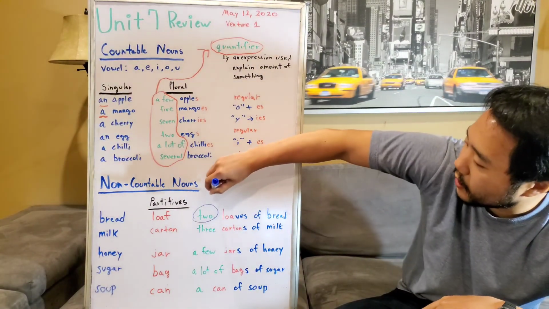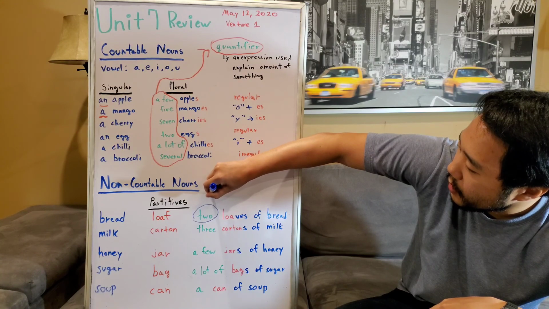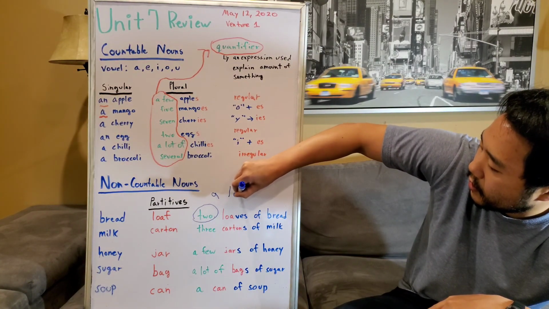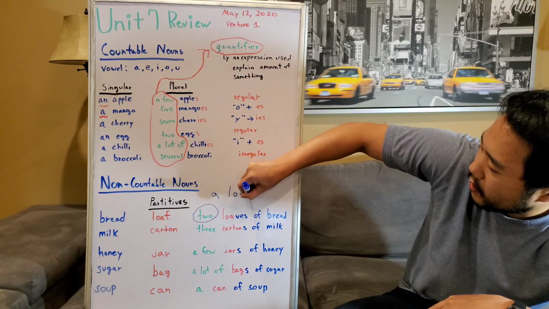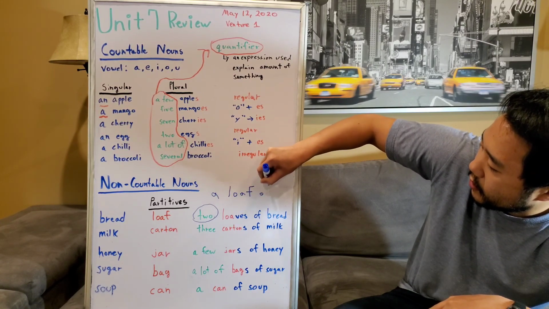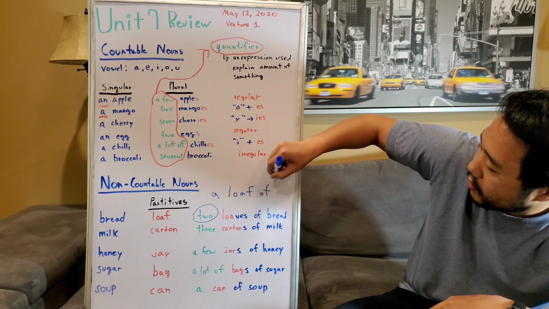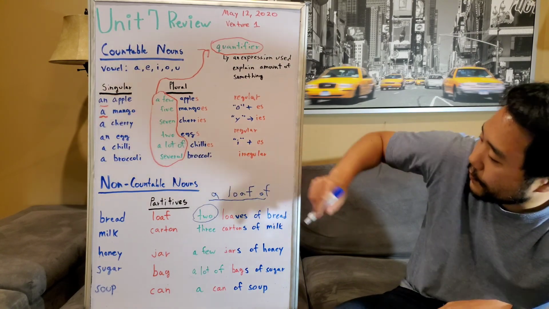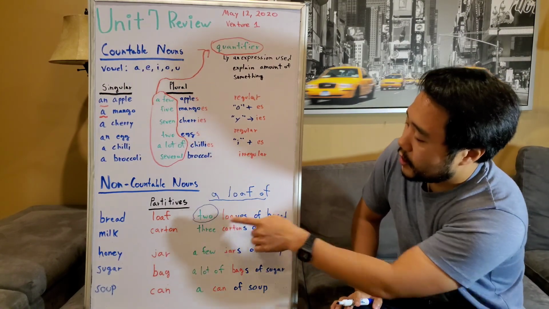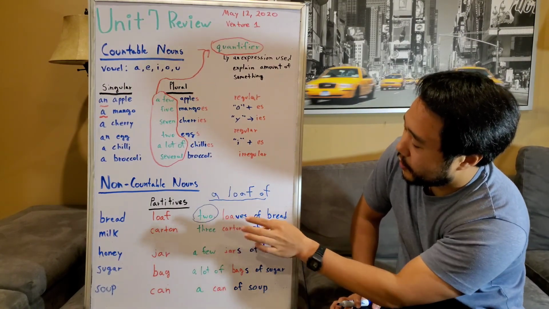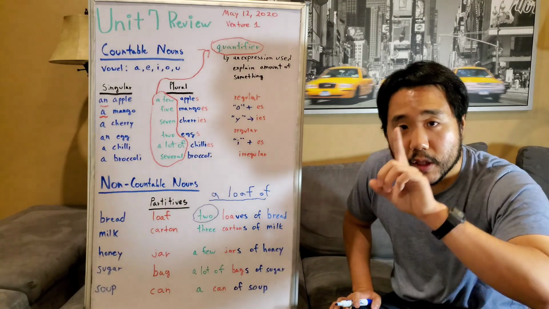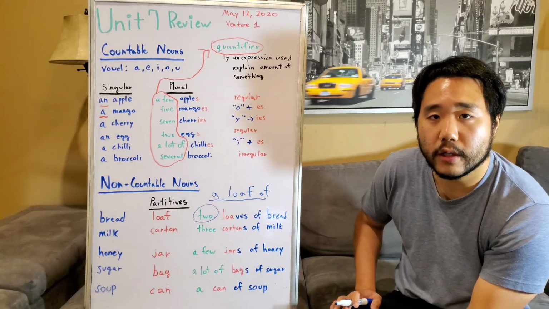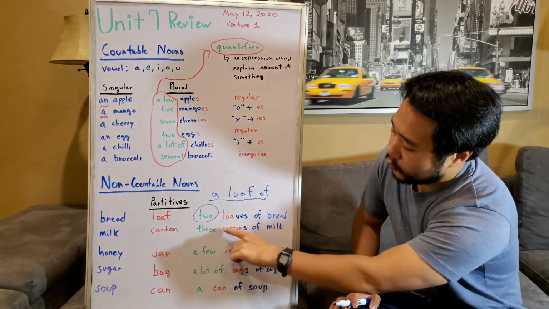This is how it looks: a loaf of bread. In plural form, it would be two loaves.